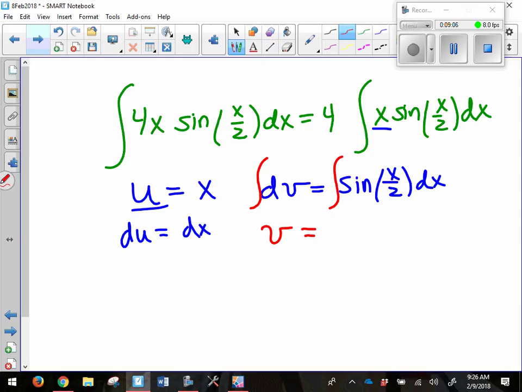So I myself, before I found v, I would have to take a little side trip and do a little w substitution here, just like we did in the first part. So if we let w be equal to x over 2, what's dw going to be? Glad we learned something from yesterday, because I believe this was a sticky point.